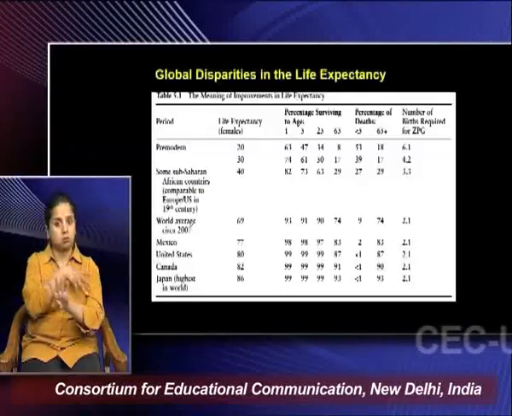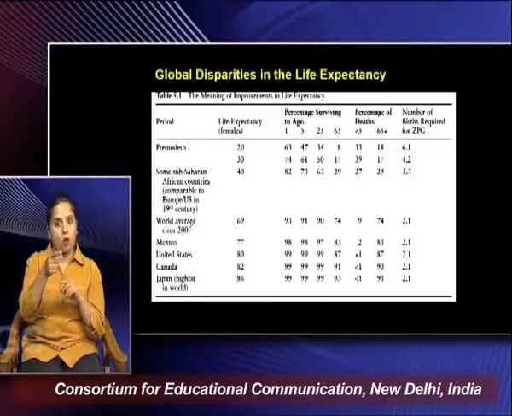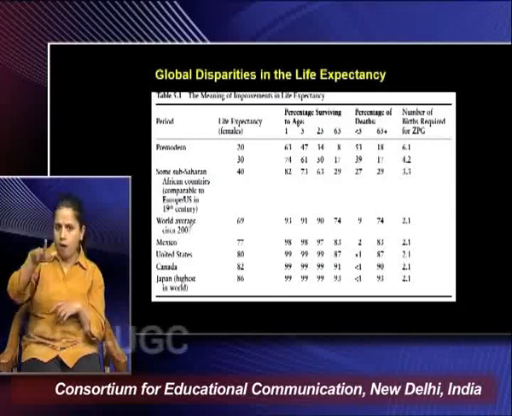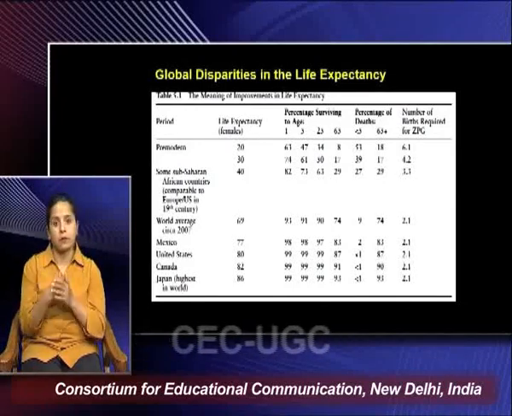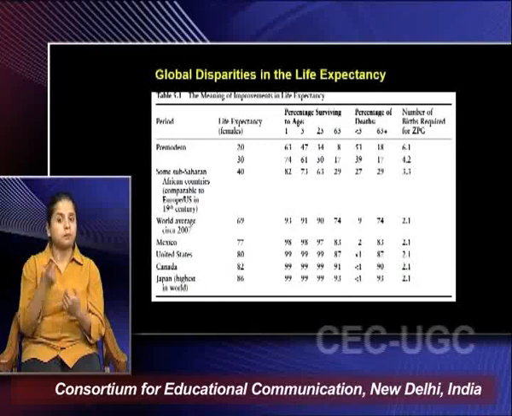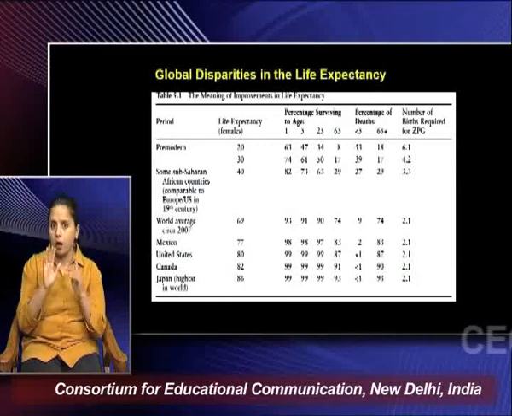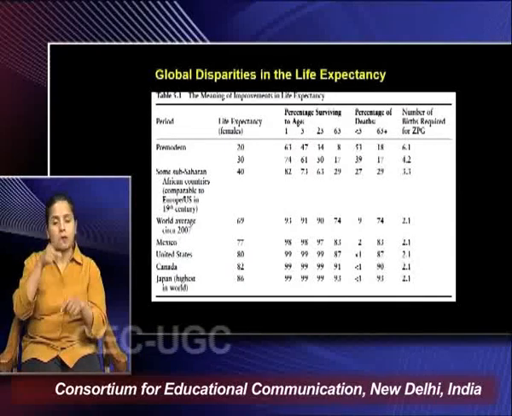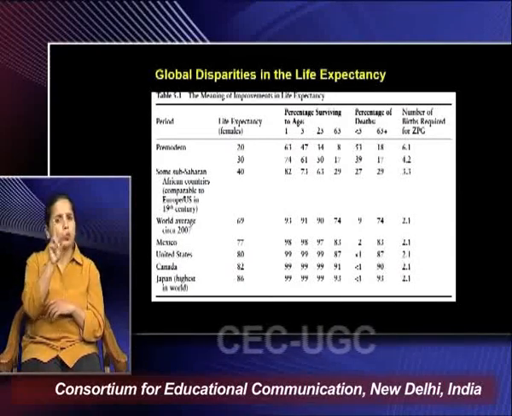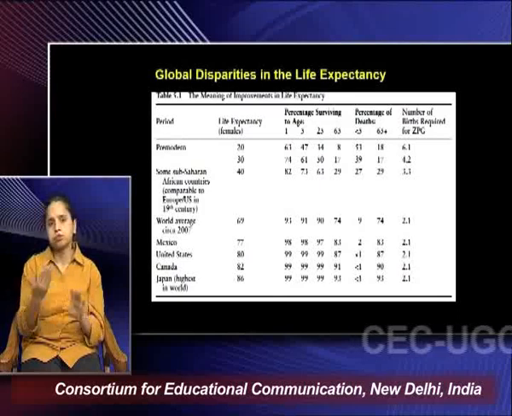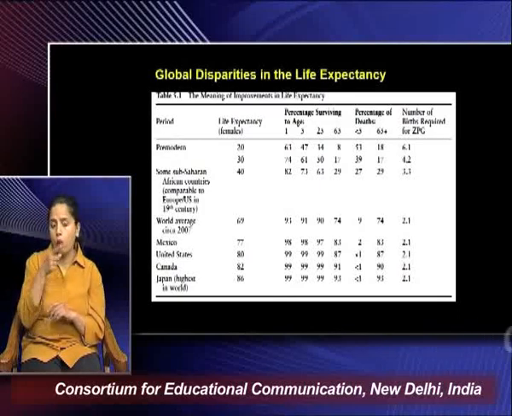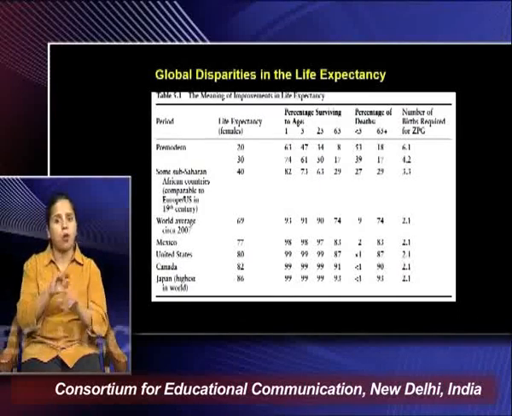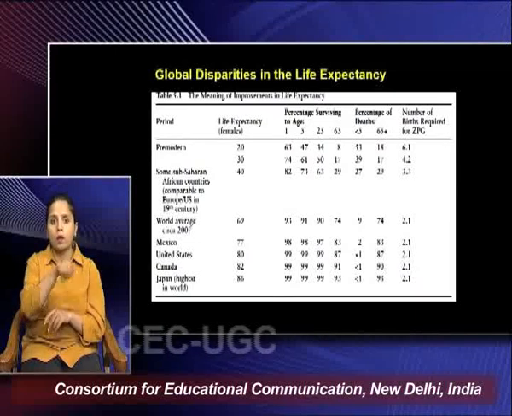Now this is another important statistic that I want to put before you, if you contrast the life expectancy disparities at the global level. In pre-modern times, before or around the agricultural revolution, the life expectancy of the human population among females was roughly about 20 years on an average, which meant that only, for example, 63% of all the kids who were born were able to see their first birthday.